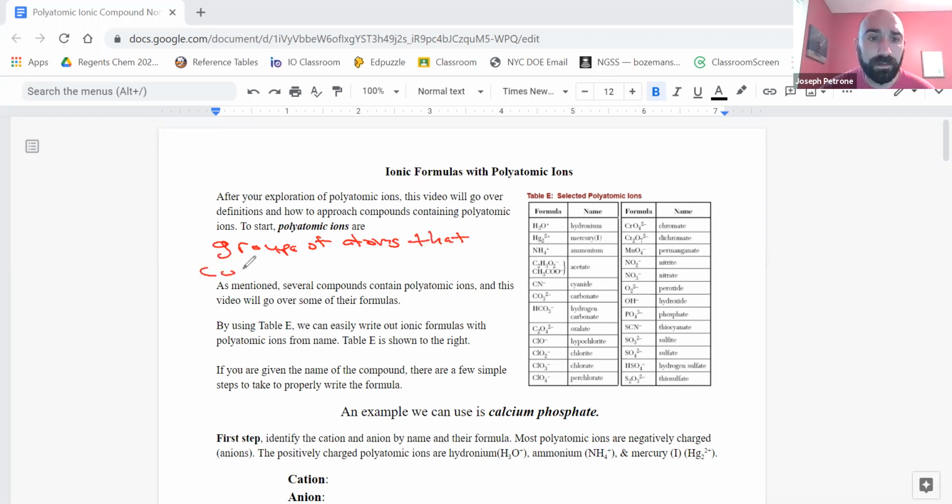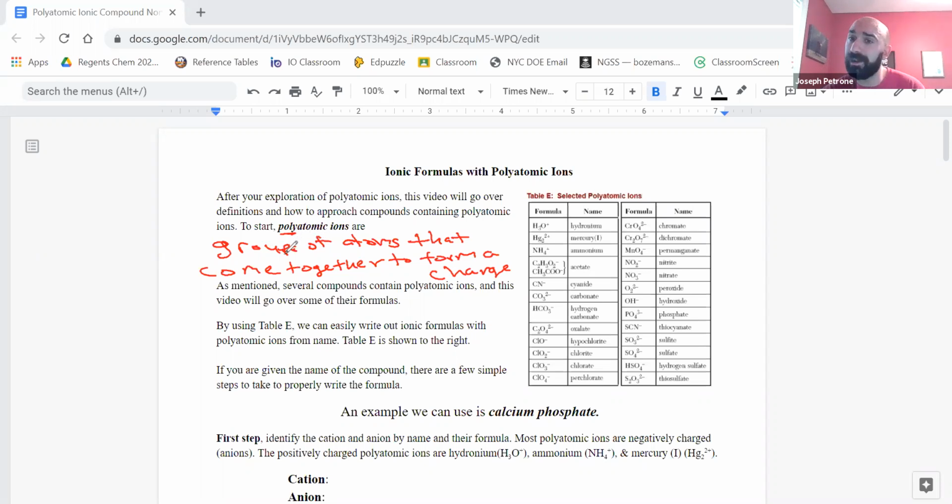Sorry, this was a little slanted. So once again, polyatomic ions: the prefix poly means many, atomic refers to atoms, and ion, we should know, is a charged version of an atom.